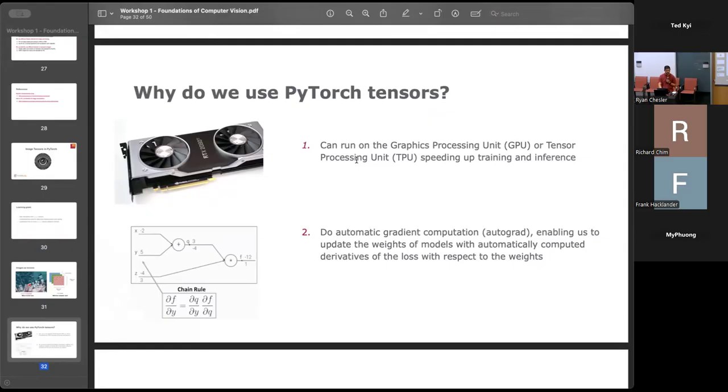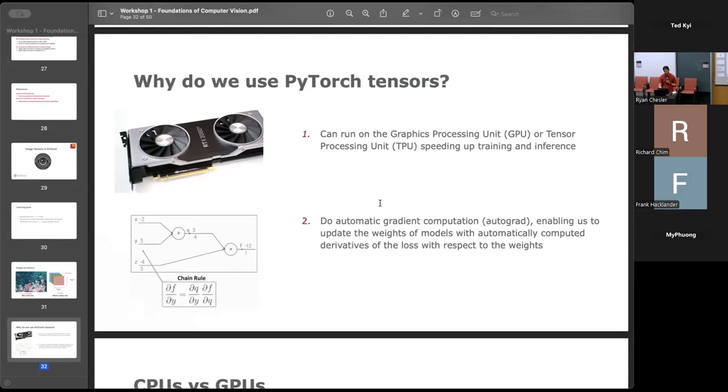NumPy is specific to just CPU. This is very powerful for certain operations you might want to do on images, where my GPU has 16,000 cores and my CPU has 4. So you can apply an operation to every pixel of an image. The other major benefit of PyTorch is its automatic gradient computation, autograd.